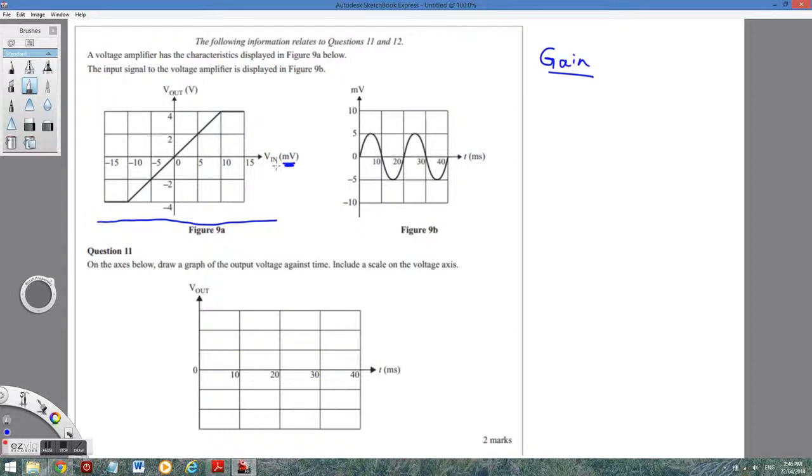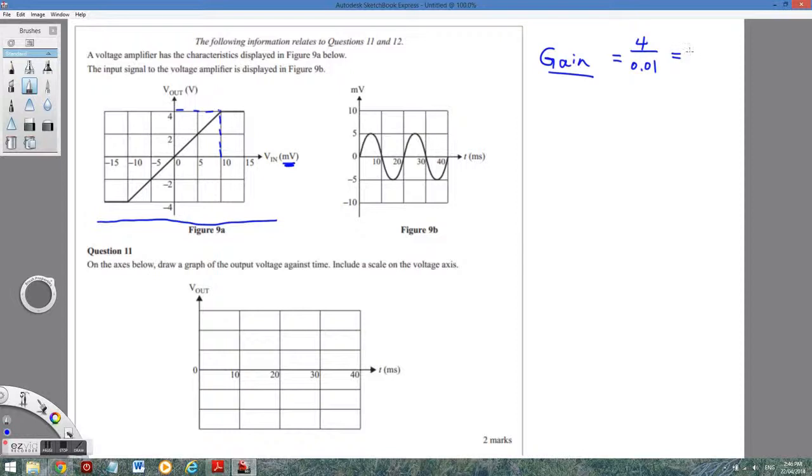The input is going to be 10 millivolt, and the output is 4 volt. So the gradient, the rise over run, the gain, is going to be 4 volt divided by 0.01 volt.